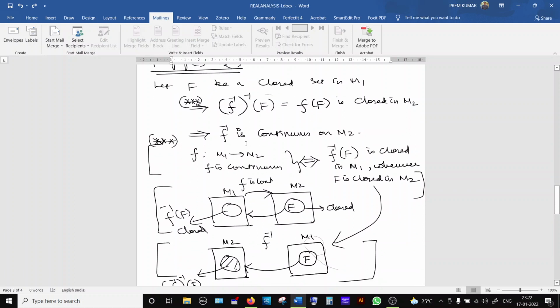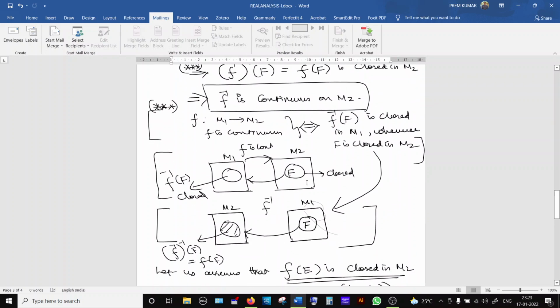So first we proved that f inverse is continuous, using this result.